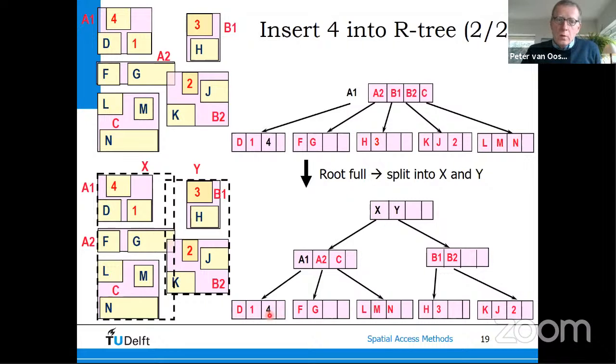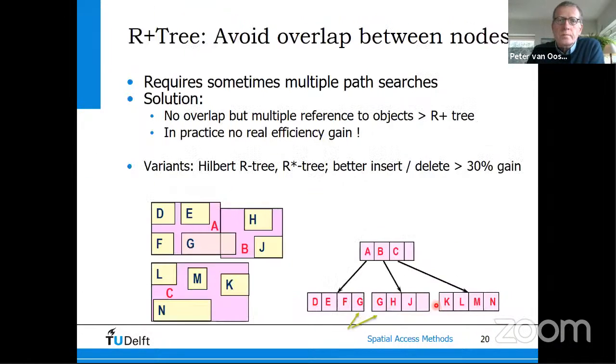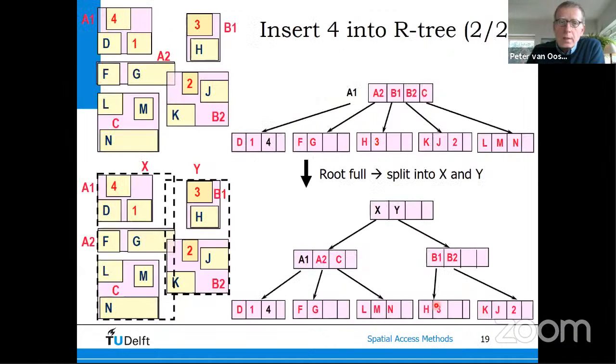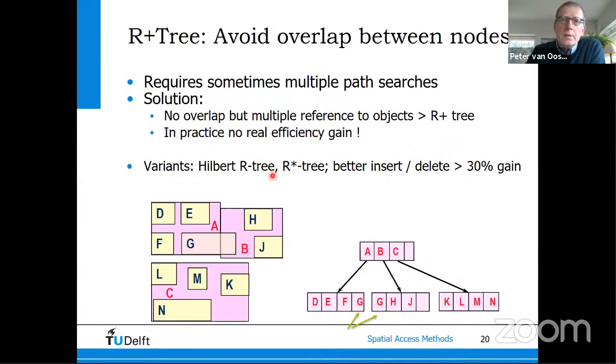But it's all balanced. So when I'm looking for a certain object in a certain region, I know for sure I do not have to go deeper than these 3 levels. And the number of levels you go deep is an indication of how fast your query can be responded. What you saw over here is that the rectangles can overlap a little bit.